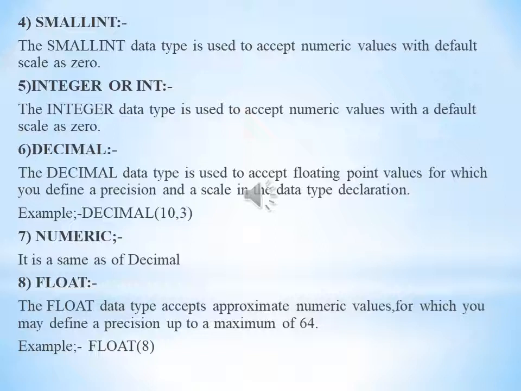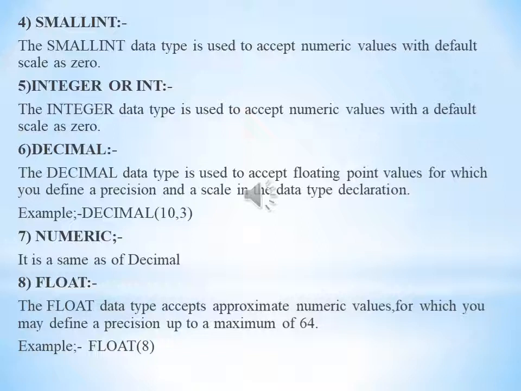The integer data type is used to accept numeric values with a default scale of 0. Sixth, decimal. The decimal data type is used to accept floating point values for which you define a precision and a scale in the data type declaration.